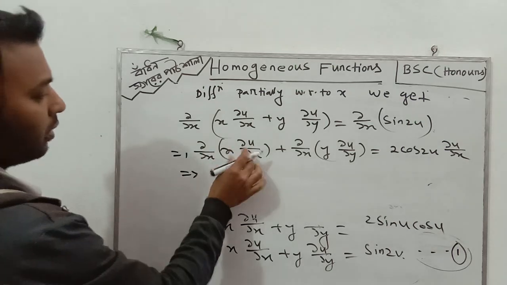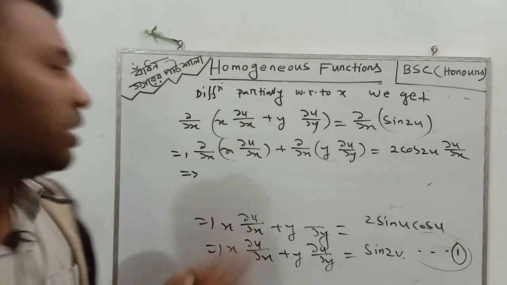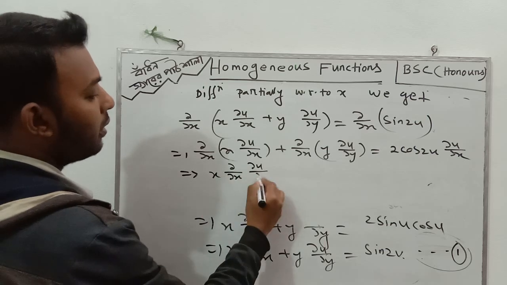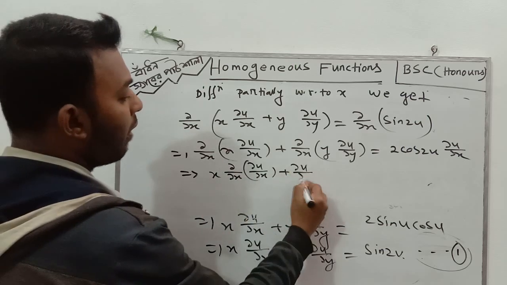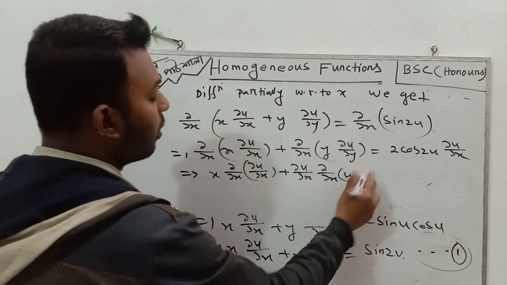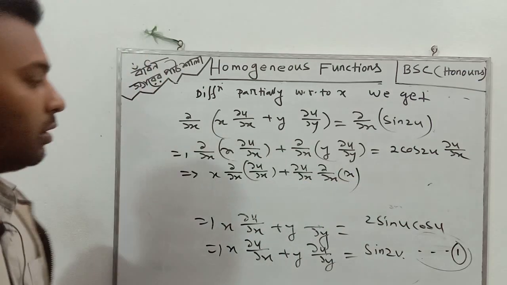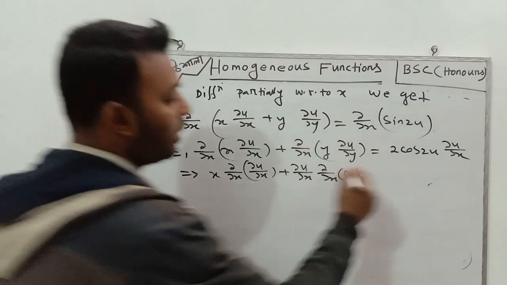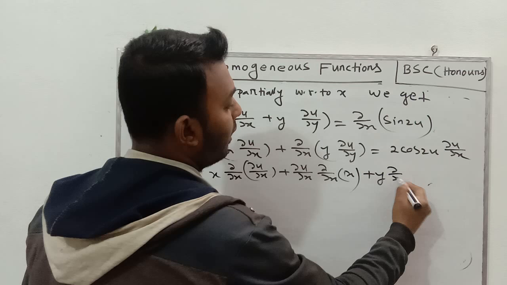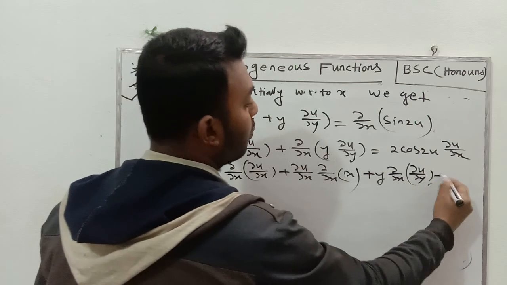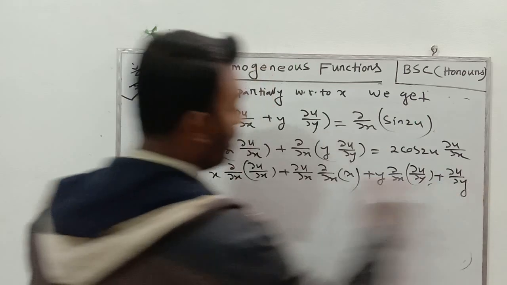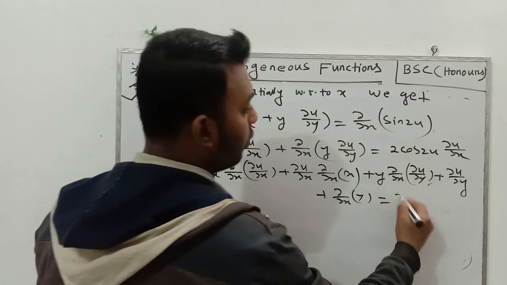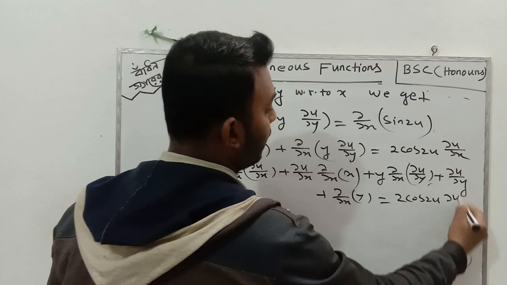Here this is the formula of u v: u del v del x plus v del u del x, that means x. Similarly here applying the uv method, we get y del del x of del u del y plus del u del y del y del x, and here 2 cos 2u del u del x.